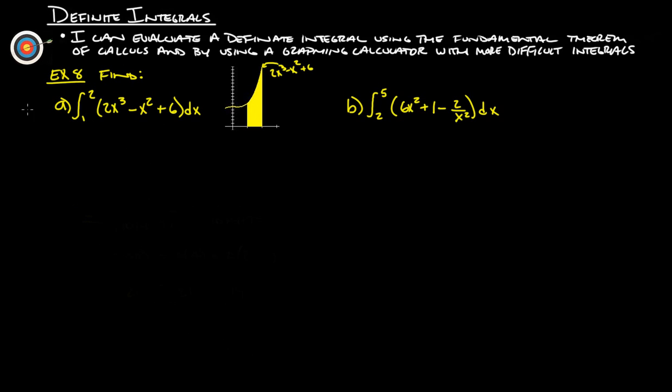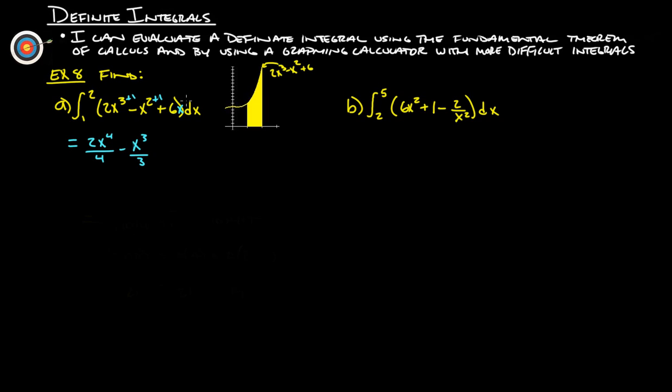So what we're going to want to do here, we can hand calculate this, and we can also do this on the graphing calculator. So let's show both of those. This over here is going to equal, we're going to do our antiderivative, right? So plus 1 is 4, so we have 2x to the 4th over 4. Plus 1 is 3, so minus x cubed over 3.